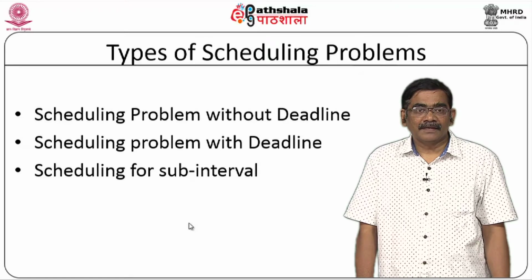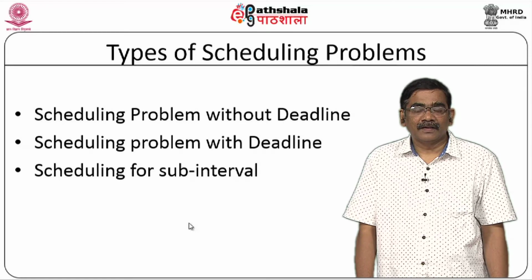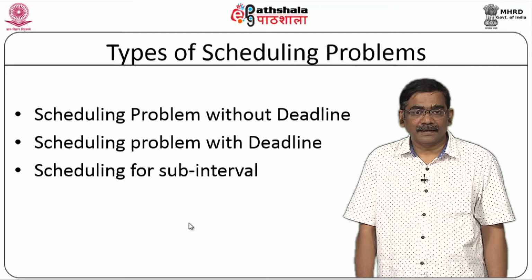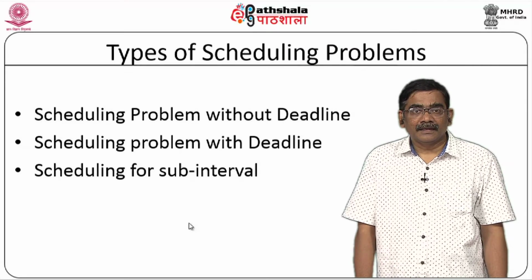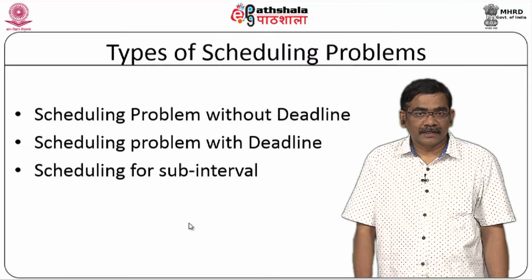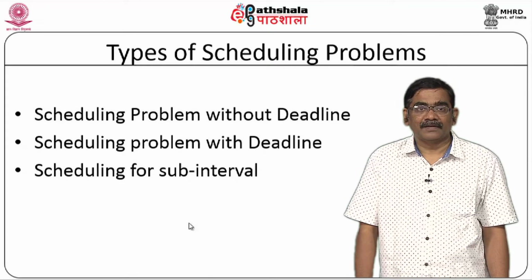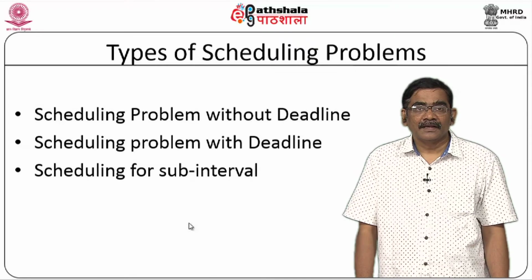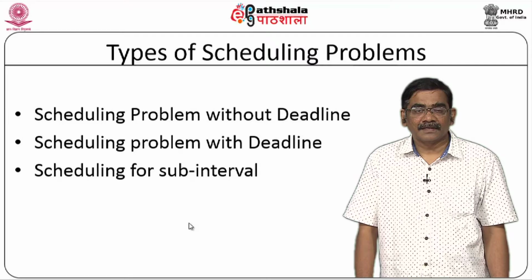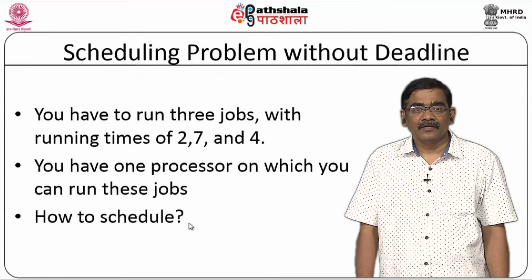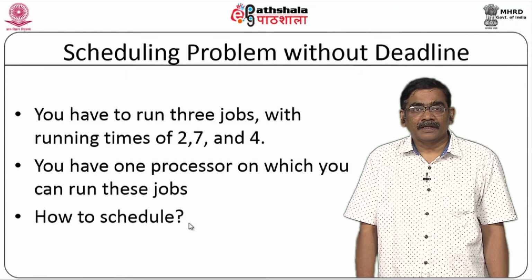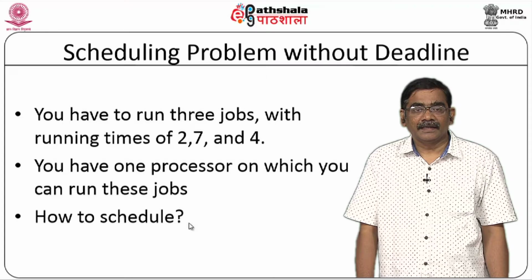Second type is the scheduling problem where every task has a deadline. Then the third category is scheduling for sub intervals, where we have the starting time as well as the finish time of the given task. Fine. First, we will consider the problem of scheduling without any deadline.